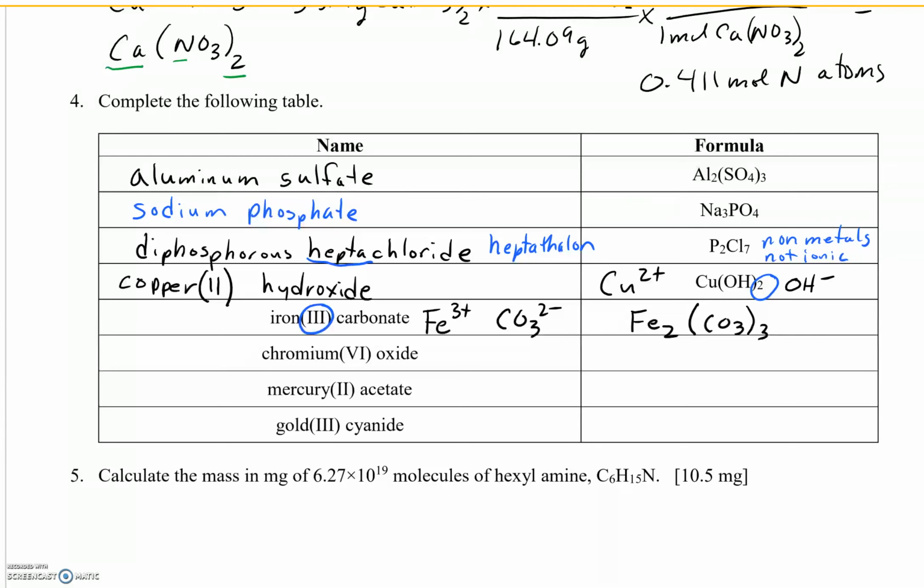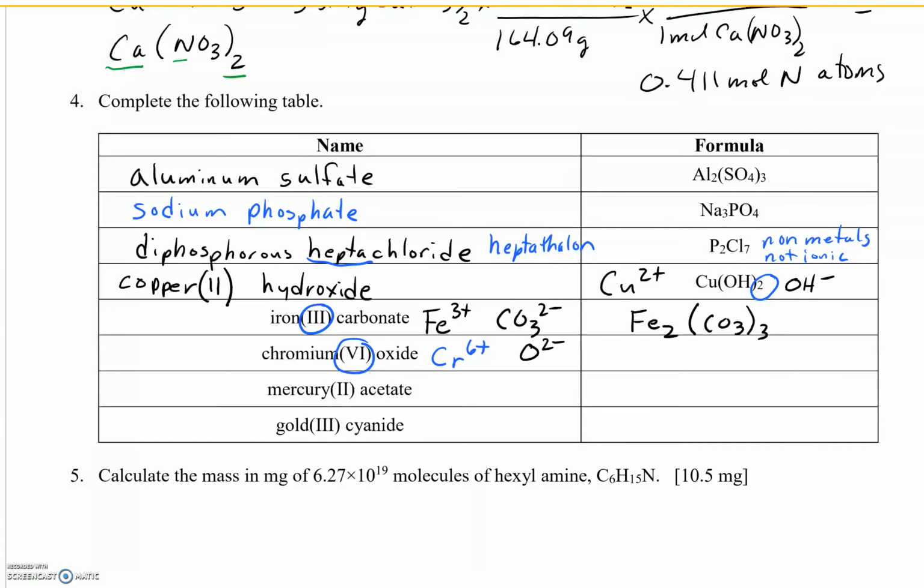For chromium-6 oxide, the 6 Roman numeral tells us one thing and one thing only. It shows the chemist that the chromium has a 6+ charge. Oxide from the periodic table is another one we can determine. It's just the anion of oxygen, and oxygen is 2- when it forms compounds.